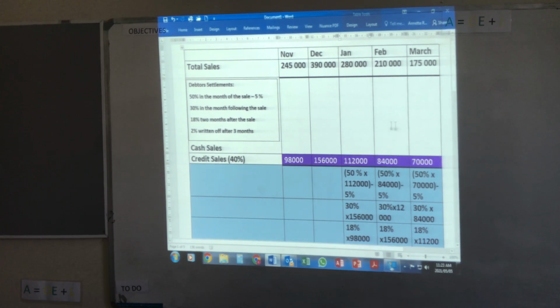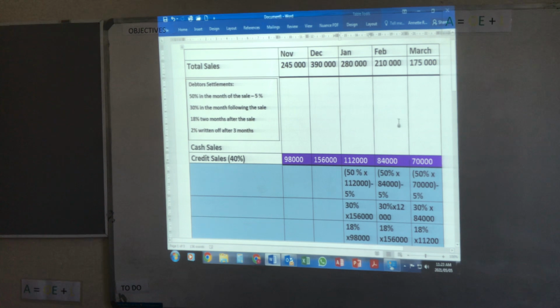If the question is, what amount is written off in April? April is the fourth month. April, March, February, January. Correct? So it seems to be December. So 2% of 156,000 we will never get.